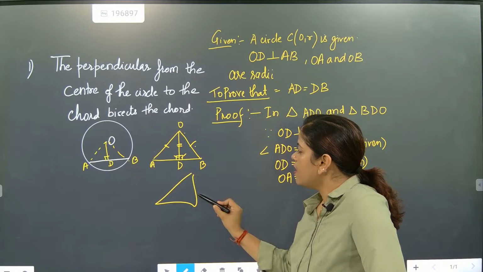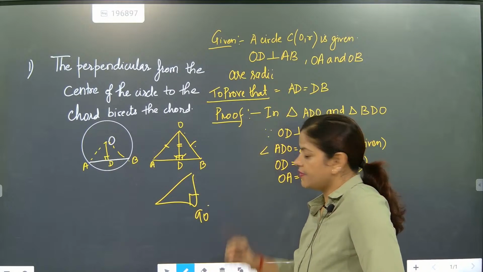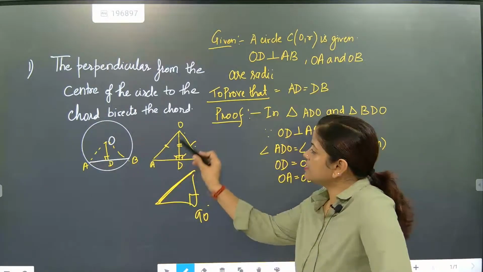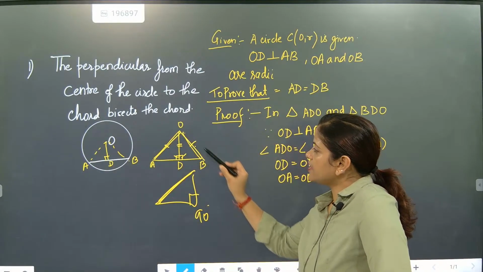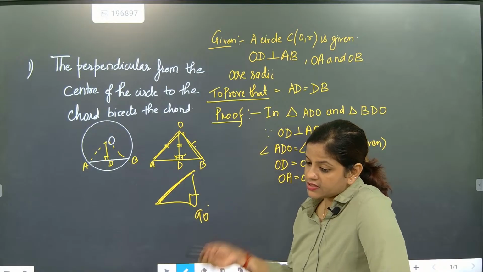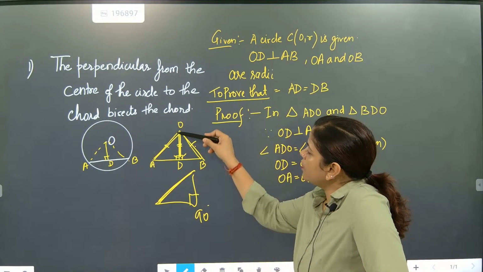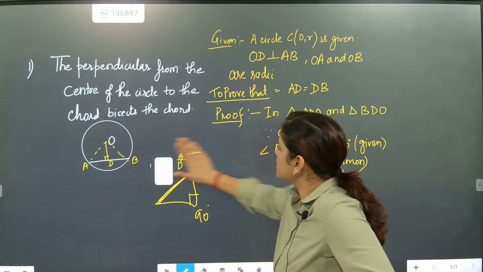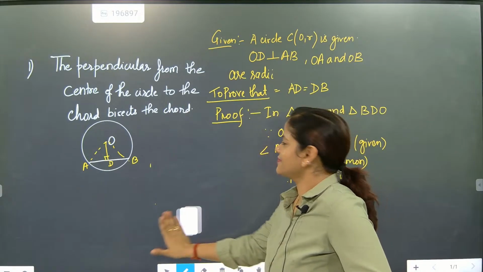We need to prove one angle of 90 degrees, and the second part is that the hypotenuse should be equal. Here this is the hypotenuse, and since this hypotenuse is serving as a radius, it is also equal, and OD is equal to OD is the common part.